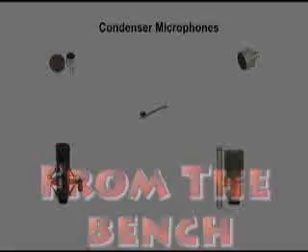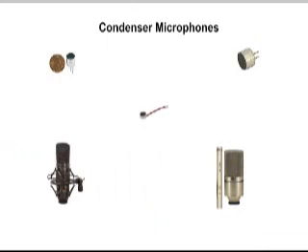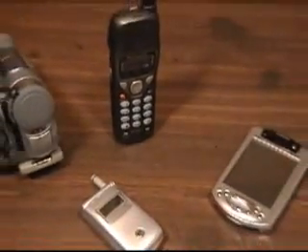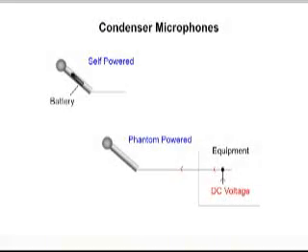One of the more popular microphone types these days is a condenser microphone. These microphones have excellent sound for their small size and price, so you find them in most every device that has an internal microphone. External condenser microphones are very popular too for the same reasons. Condenser microphones require power to operate.